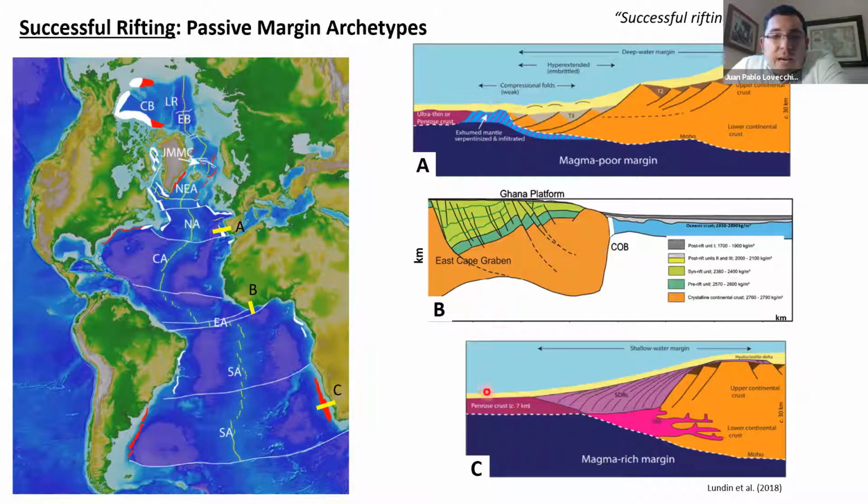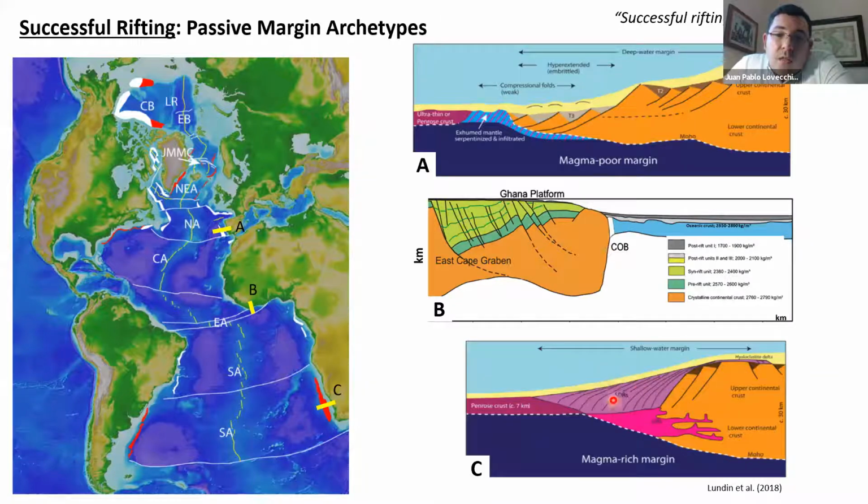And finally, the example marked here in C is a volcanic margin or a magma-rich margin, which is characterized by the emplacement of these SDRs. SDRs stands for seaward dipping reflectors. It's a series of reflectors that were identified on seismic data that dip towards the ocean.